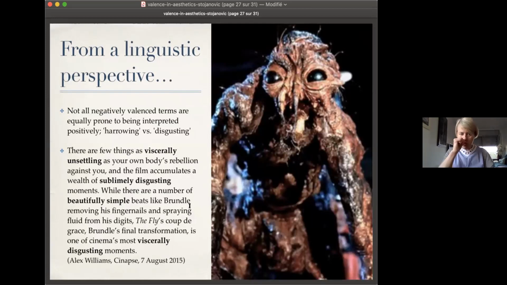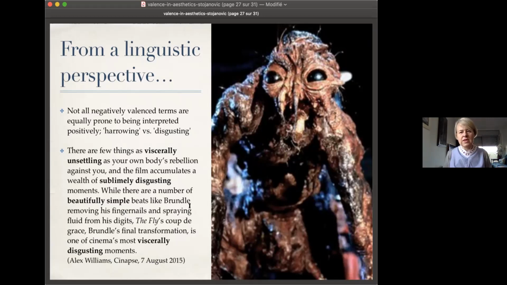With harrowing, which I've been using as an example, if you use it in aesthetics, it's quite likely to be interpreted positively, because it's a word that you're not using often. It's very literal, whereas an adjective such as disgusting is really very strongly negative, because it's an often used adjective with a very expressive component.